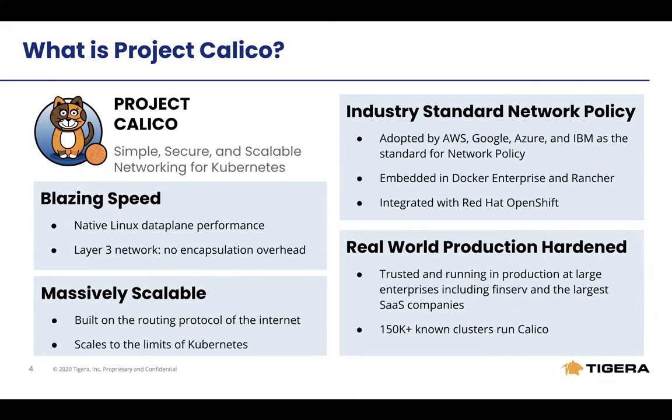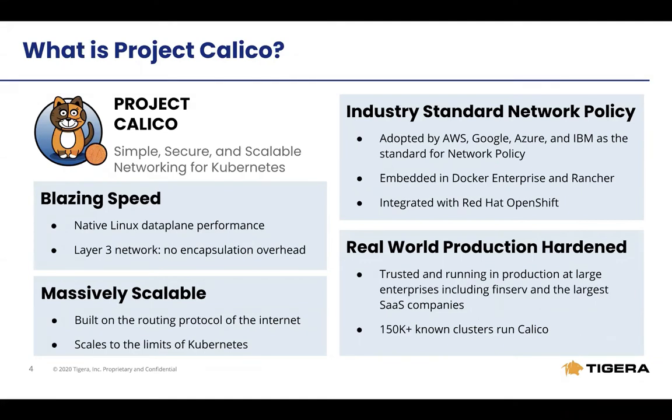Calico has traditionally been using layer 3 networks where you can have encapsulated or unencapsulated approaches. Either way, utilizing native Linux data plane capabilities.